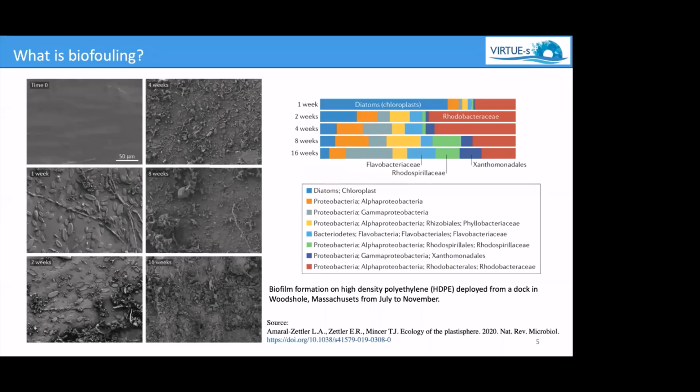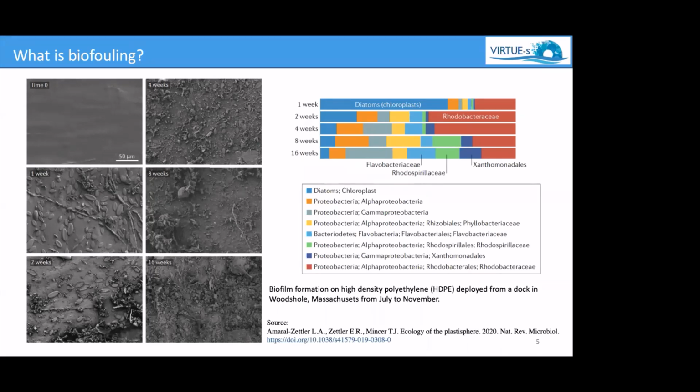For instance, there is new research now which uses different kinds of plastics, and some of these studies have found that a different type of plastic will attract a different type of bacteria. But what is common to all of this is that the first settlers are these microorganisms, the diatoms and the bacteria.